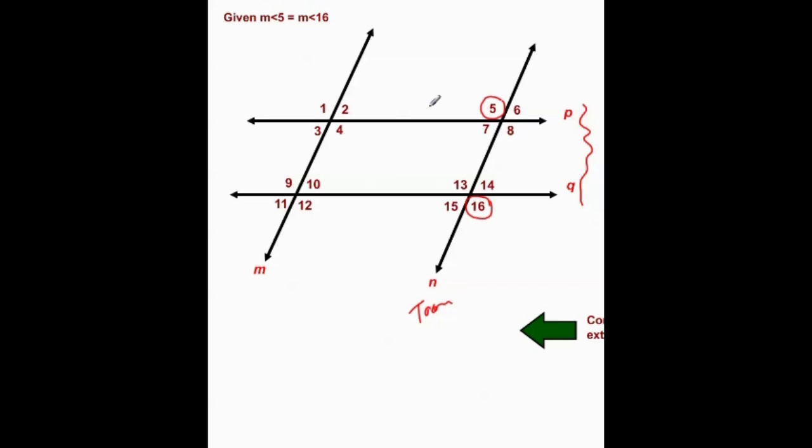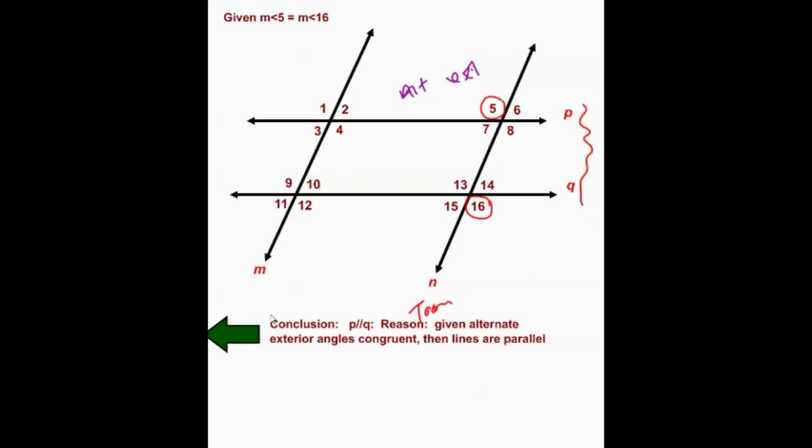So I've got to figure out, okay, what kind of relationship do these have? It looks like they're alternate exterior. And based on the converse of one of our theorems, if given alternate exterior angles are congruent, then we have parallel lines. And that's exactly the conclusion I have. And those parallel lines are P and Q. These lines right here, because this is my transversal.